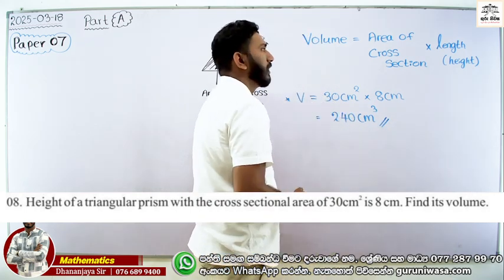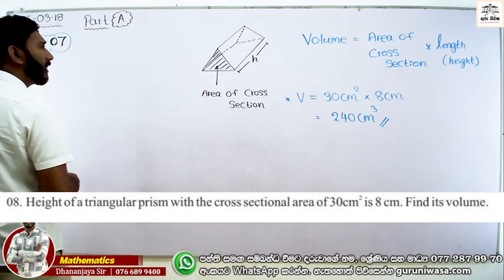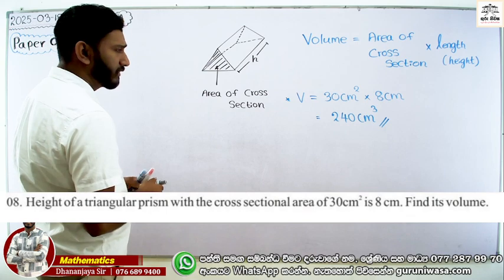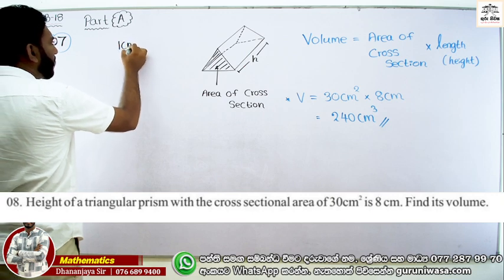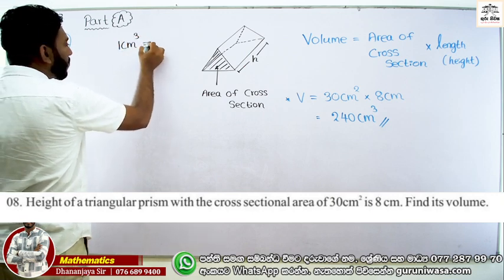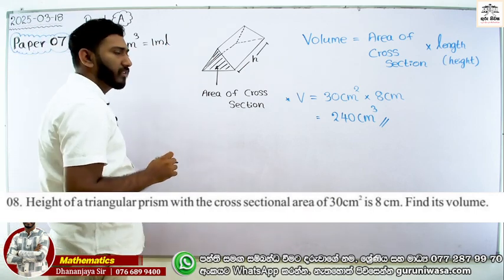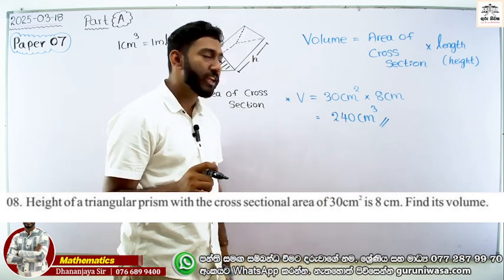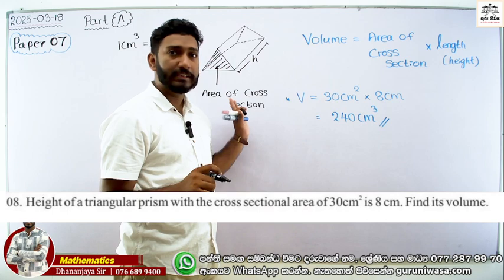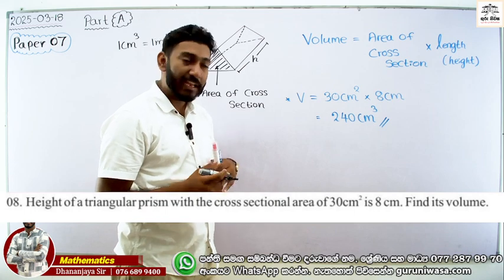And listen, I'm going to put some special notes here. There are two more things about that volume lesson. One cubic centimeter is equal to 1 milliliter, and this is relevant to grade 9, right? Now think like this. The question becomes: find the capacity of this triangular prism container in milliliters, in liters.